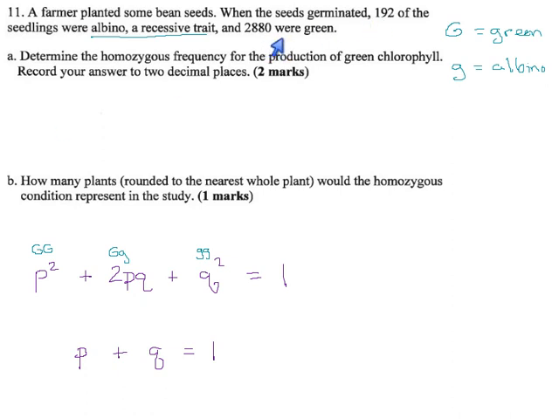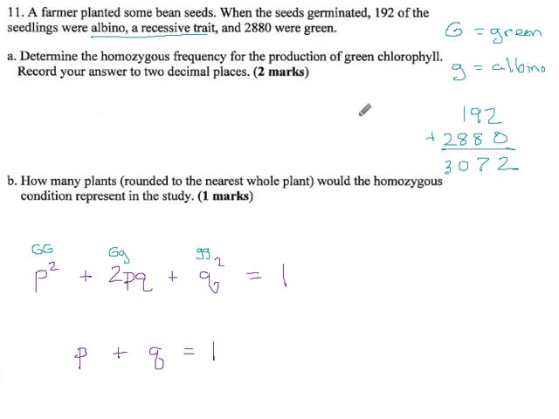They say there were 192 albino beans and 2,880 green beans, which makes a total of 3,072 beans grand total.